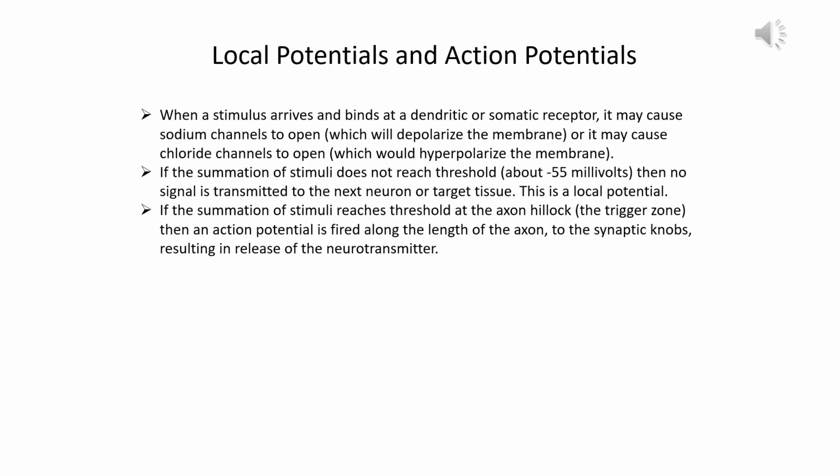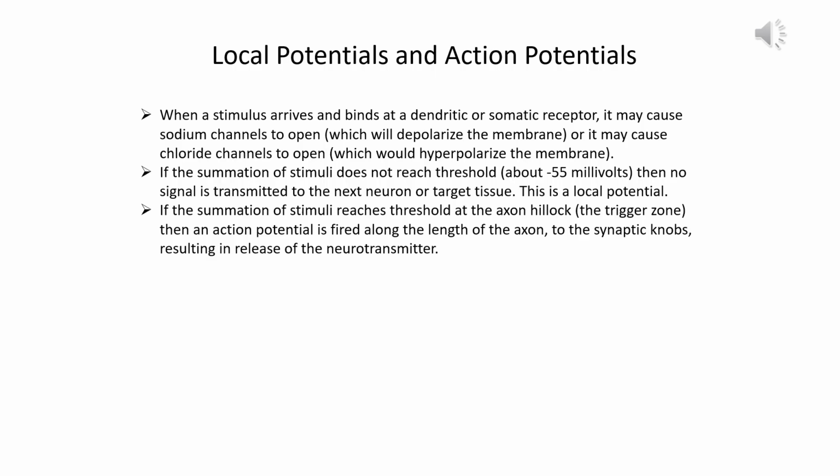So getting to threshold is a function of summation. If we have depolarization due to sodium influx, but we also have hyperpolarization due to chloride influx, then we have to summate the two.